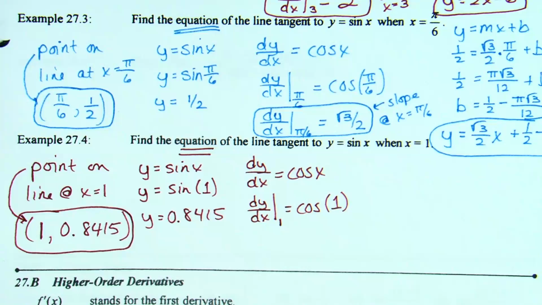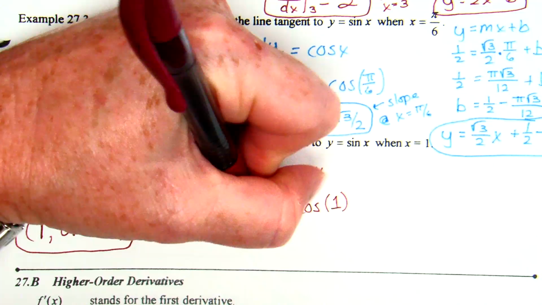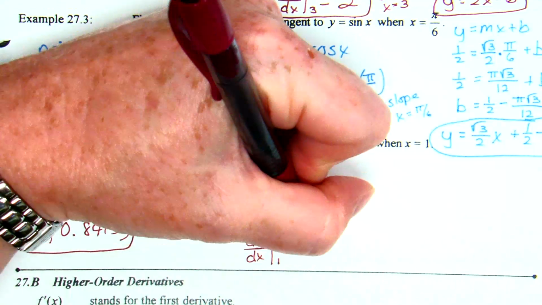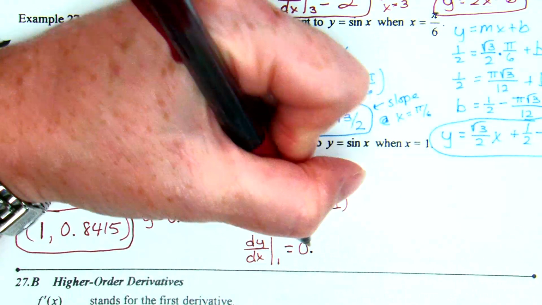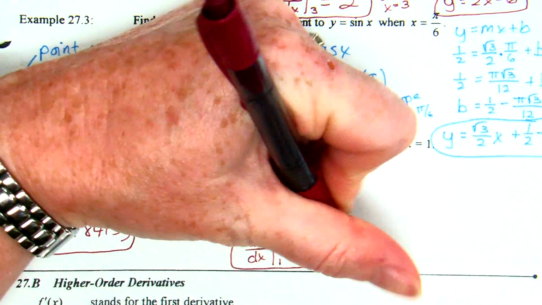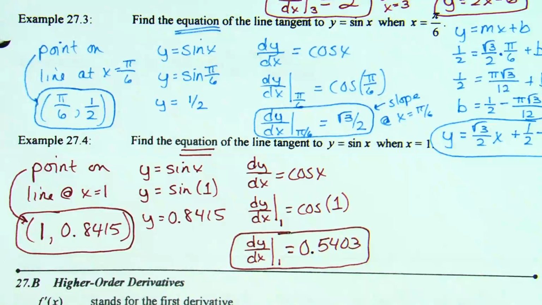What is the cosine of 1? Another calculator. Good. 0.5403. And that cosine of 1, that is 0.5403. What is that? It's my slope.